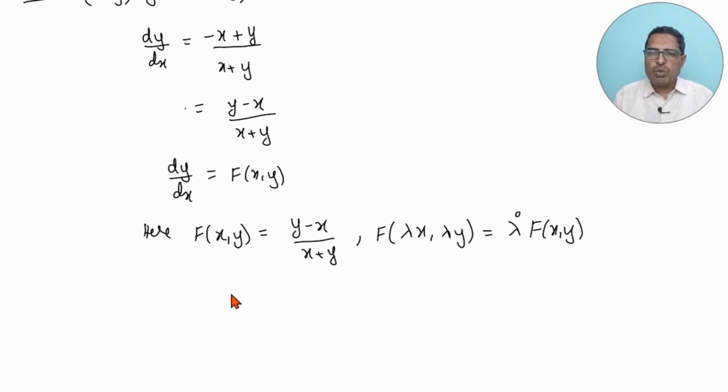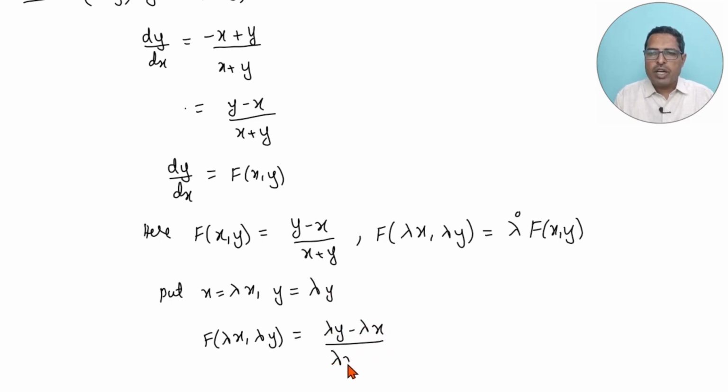So let us put x equals lambda x and y equals lambda y. We get f of lambda x comma lambda y equals (lambda y − lambda x) divided by (lambda x + lambda y).